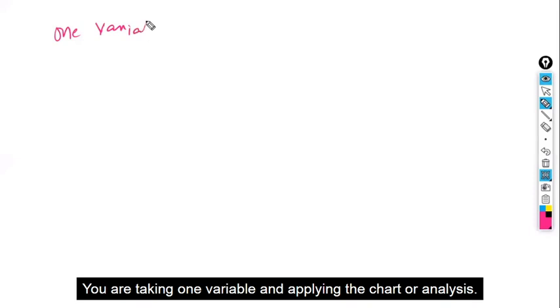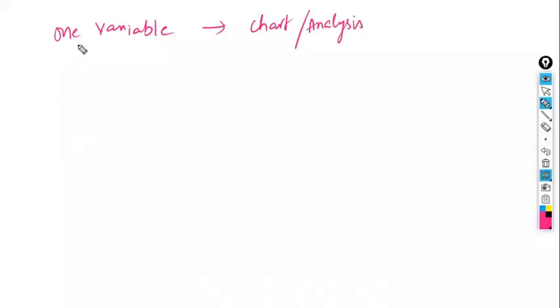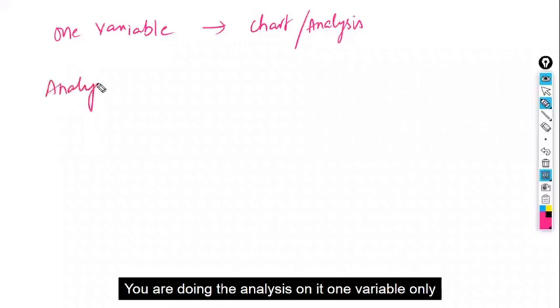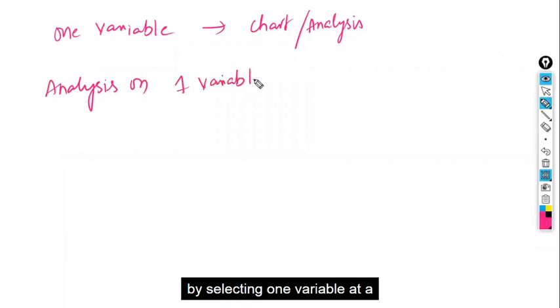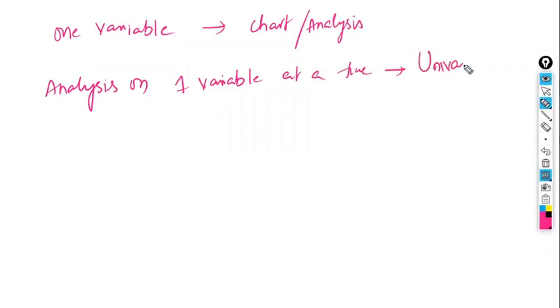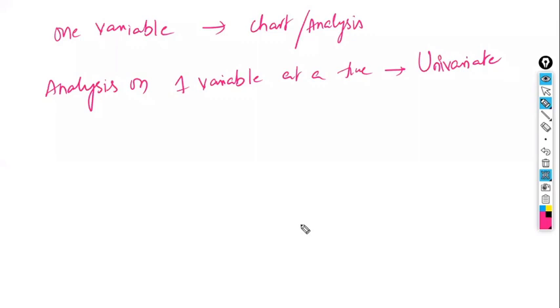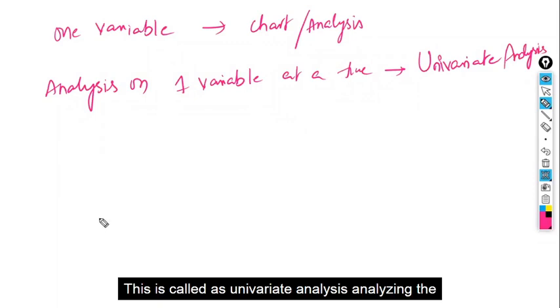If you are selecting only one column, you are taking one variable and applying the chart or analysis on that single variable at a time, then it is called univariate analysis. Univariate: uni means one, variate means variable. This is called univariate analysis.